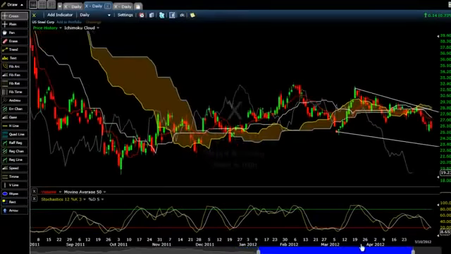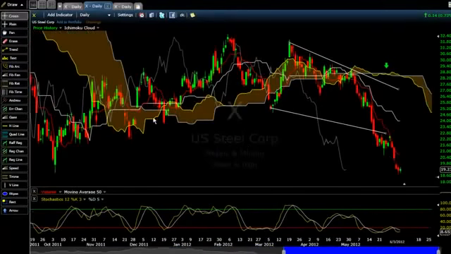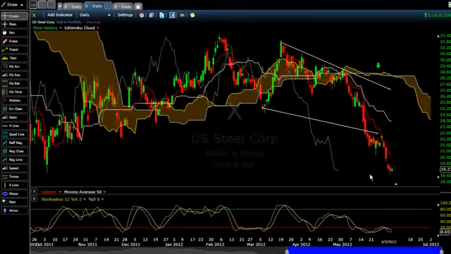All right, and we're starting to see how we got sideways action, and then of course Kumo most recently rejected price, and we have traded down as well. So again, where we had a TK cross here, and we had Chiku below price, and everything broke down below Kumo recently. Okay, so that's an example of a bearish chart.